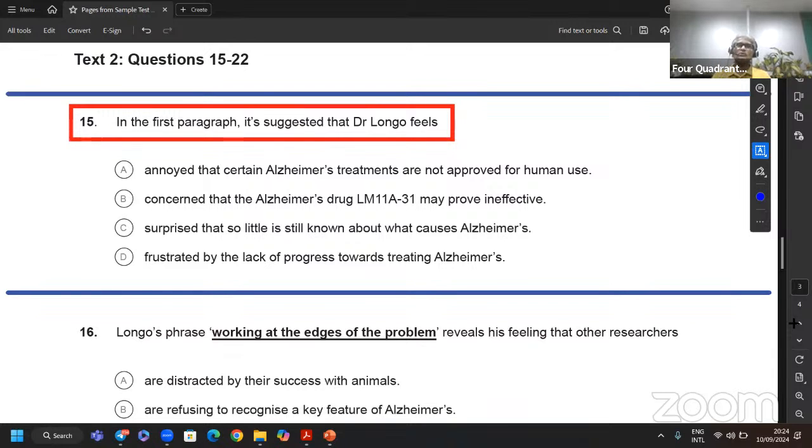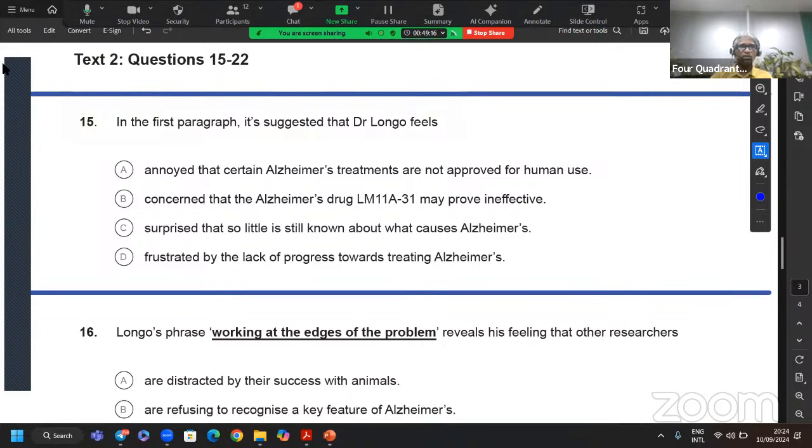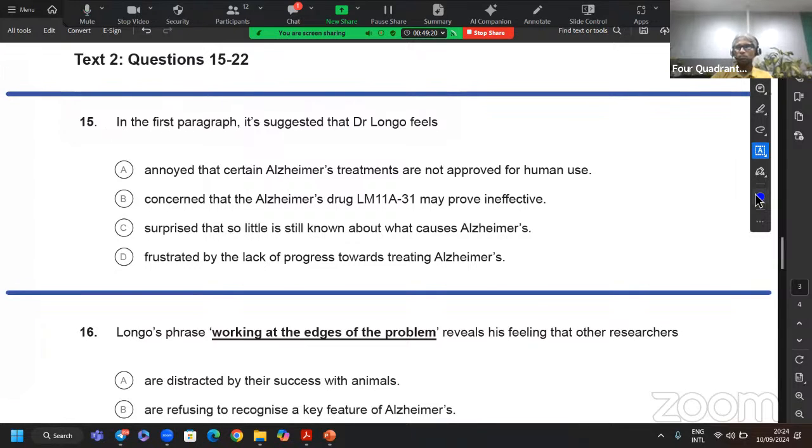So he is pointing you that the answer is in the first paragraph. Remember that. This is the pointer.